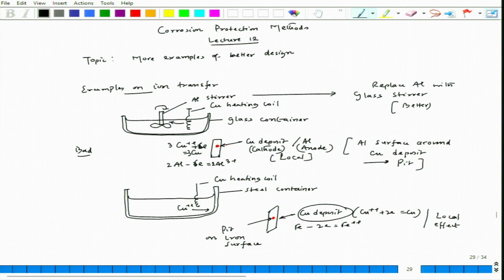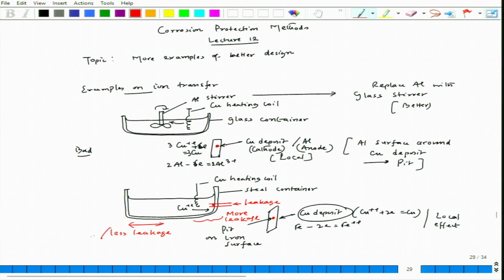So, let us say here we have a copper deposit and the leakage can happen around this zone. Interestingly, the leakage tendency would be much higher around this zone than this part. So, less leakage here, more leakage there.